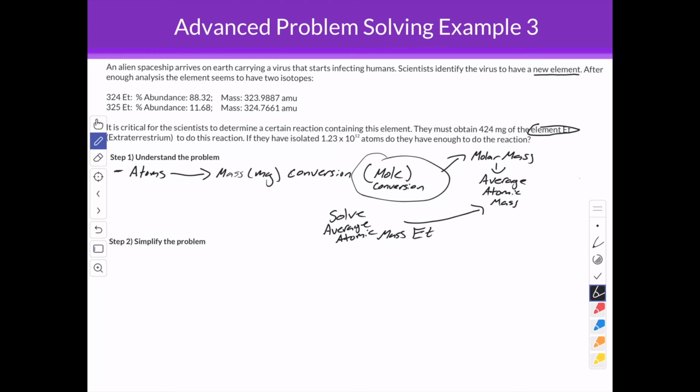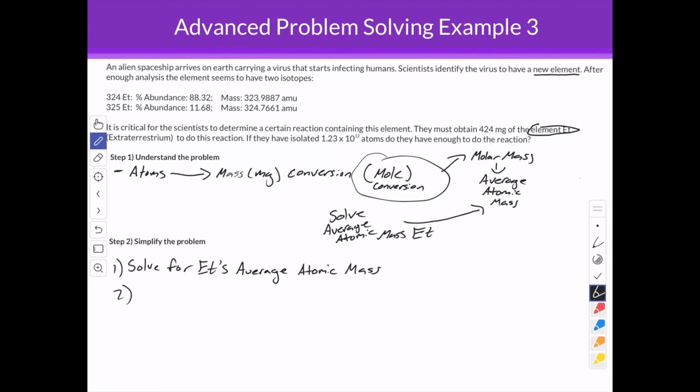All right, now we can simplify the problem. So solve for ET's average atomic mass. Do it in steps.